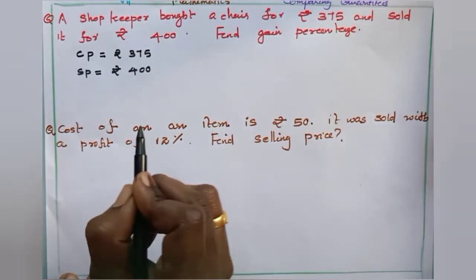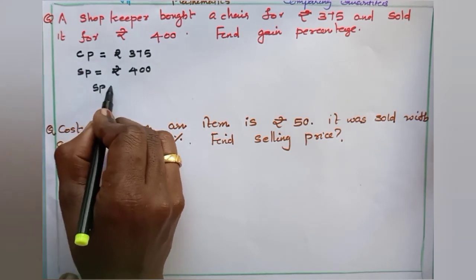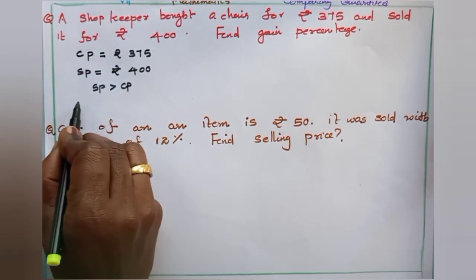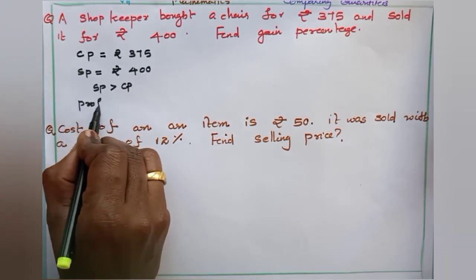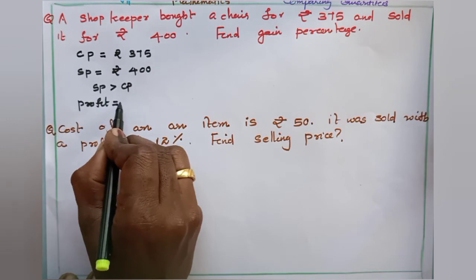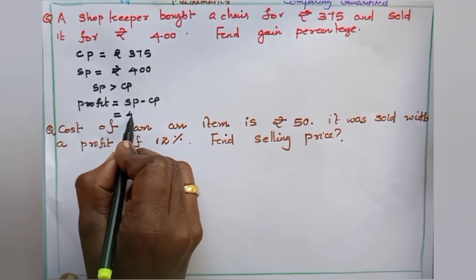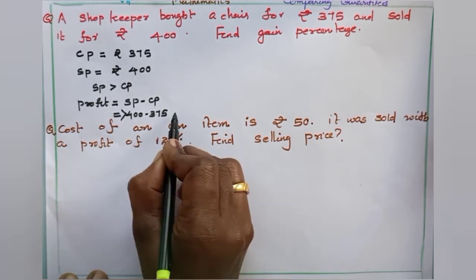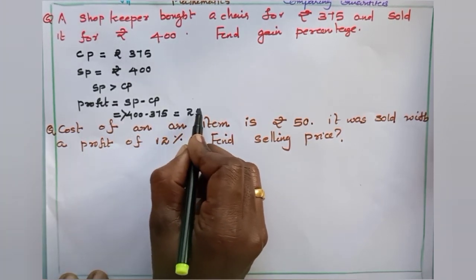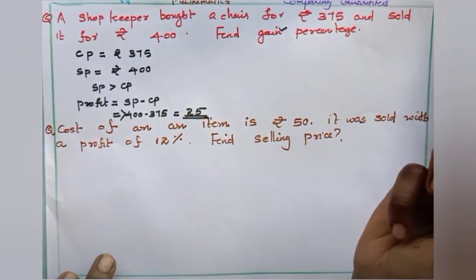Find the gain percentage. See here, selling price is greater than cost price, so that is gain or profit. Profit equals SP minus CP, so 400 minus 375, yes, 25. 25 is the gain, that is the profit.